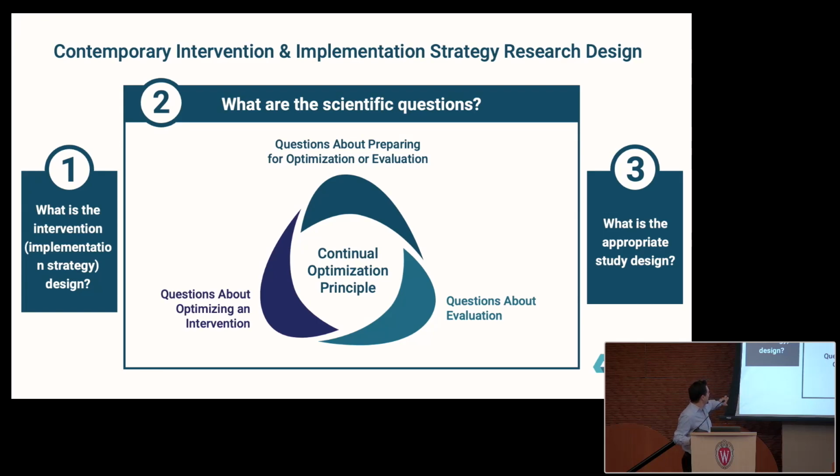On the bottom left, you have questions about optimization. This is the new one. And I'll talk more about what that means, but that means building the thing, constructing it, questions about how to package it. The top and the bottom right is where we were in Intervention Science 1.0.